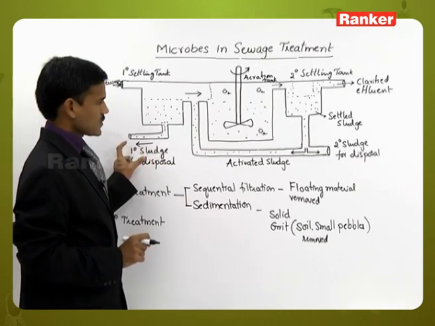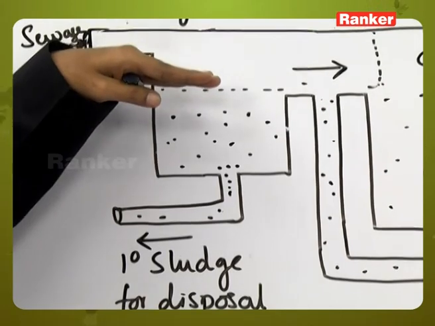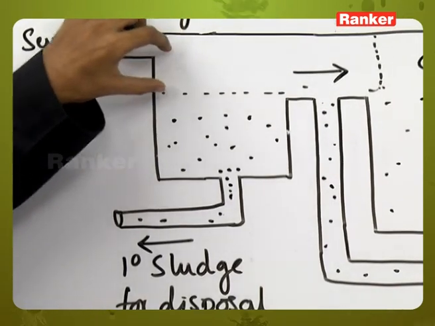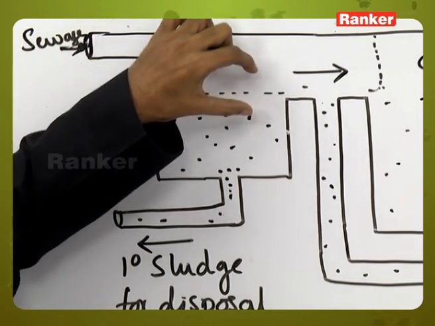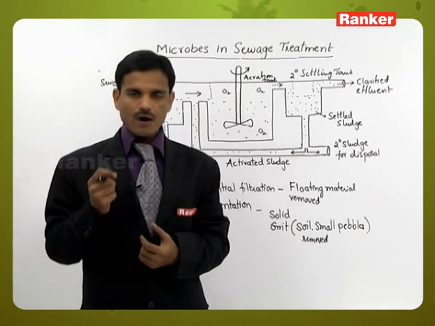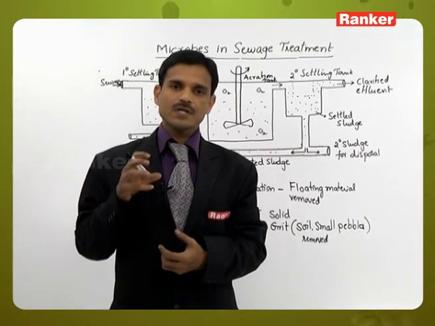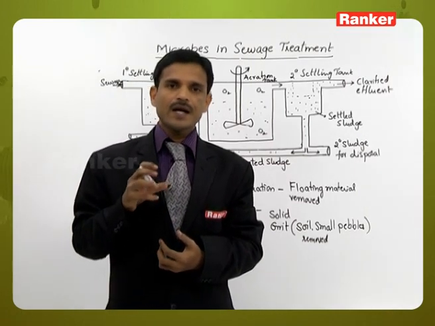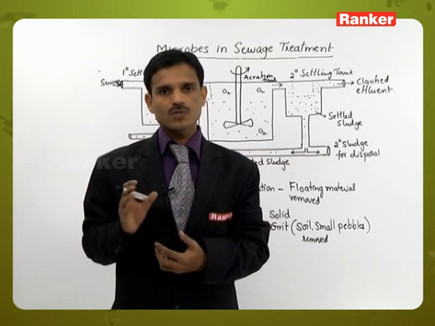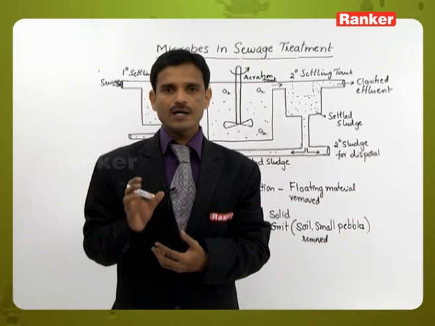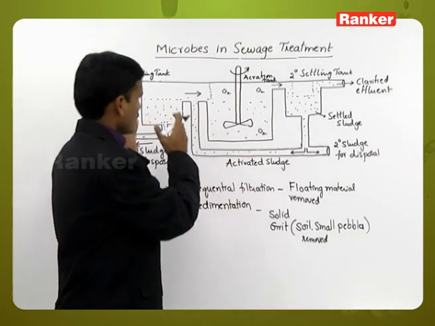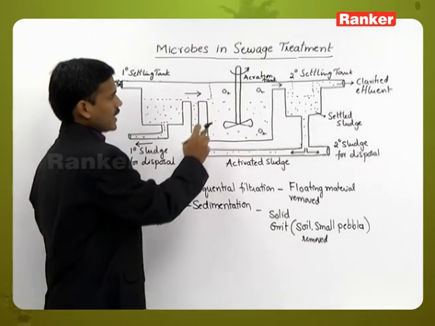The primary effluent contains organic material and also a number of pathogenic microbes. So the organic material and pathogenic microbes are pumped into the aeration tank.